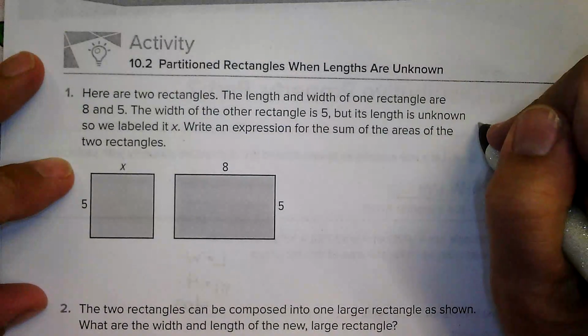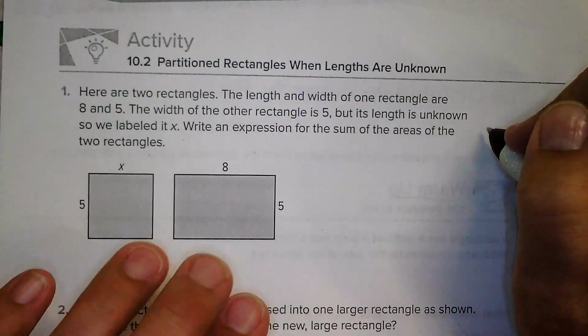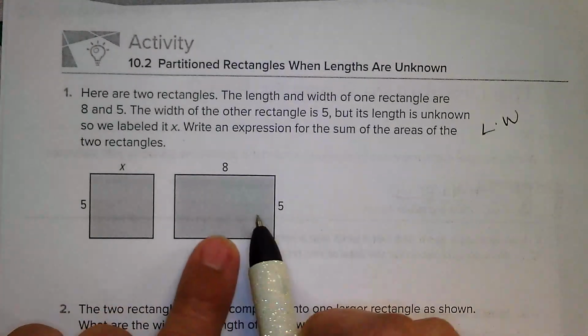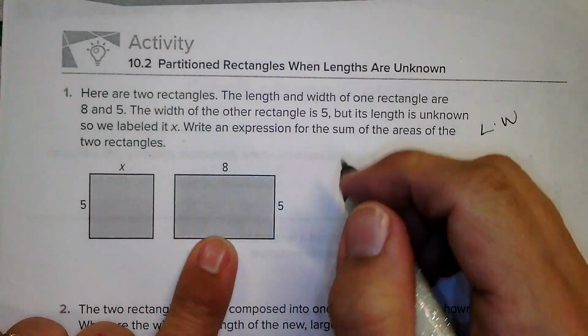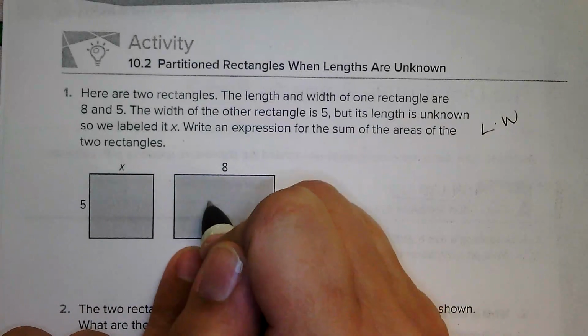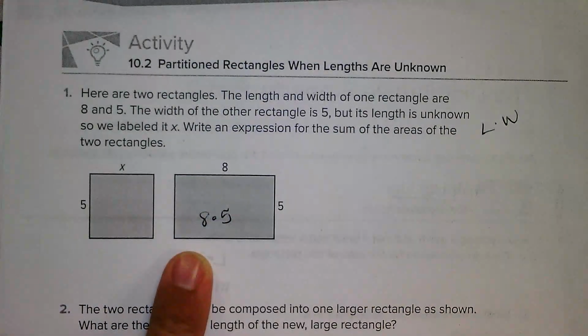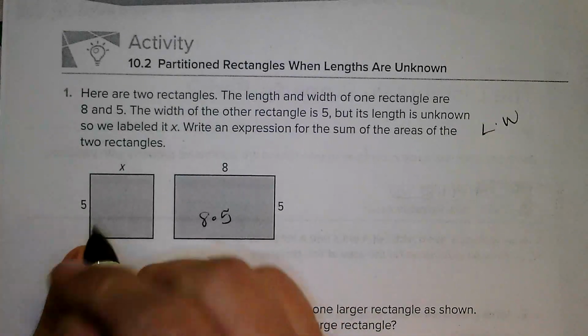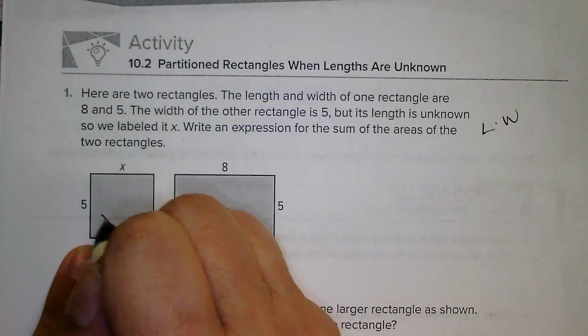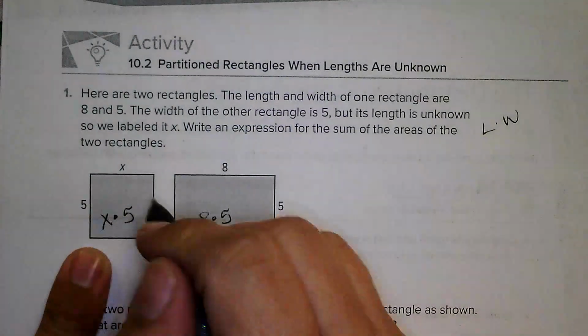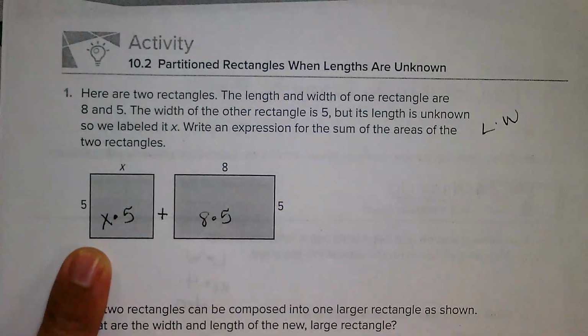So we know the formula for area is length times width. So over here, on this one, we have 8 times 5. On this one, we have x times 5, and we could add those together.